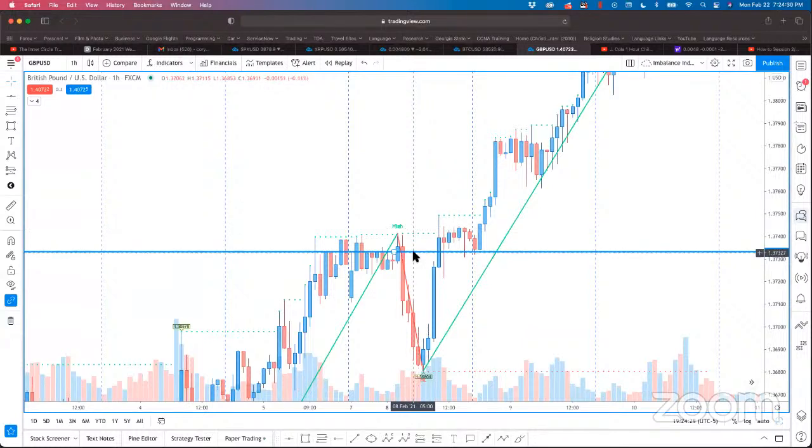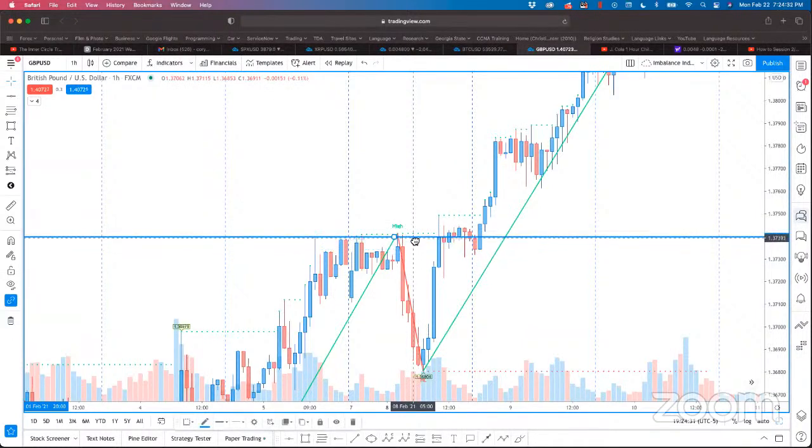But if you account for the wicks right here, now you don't even get in this trade at all. And the only time you attempt to get into the trade is right here, or one of these candles over here. And you're in drawdown right here, but you eventually go into profit.